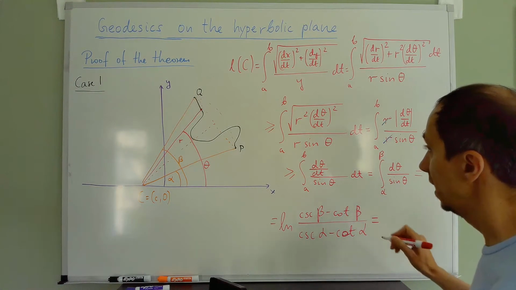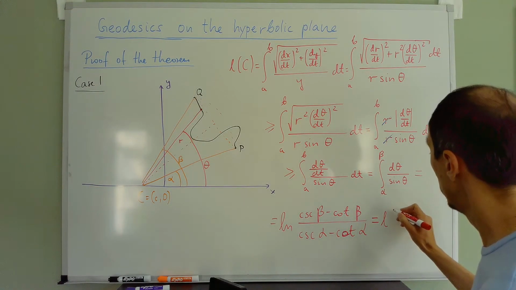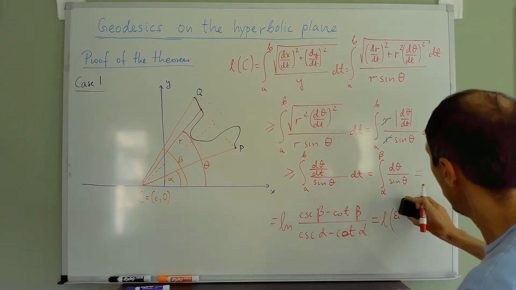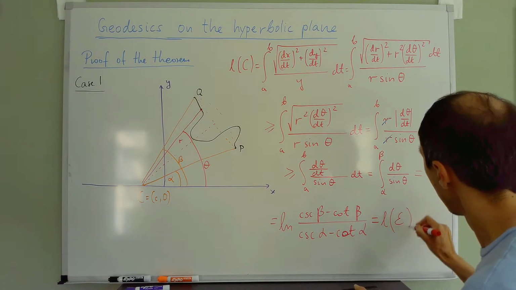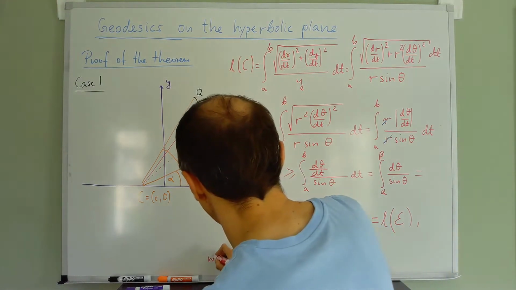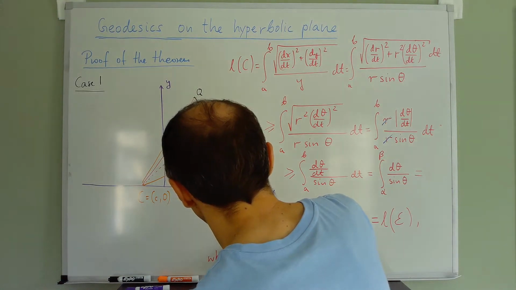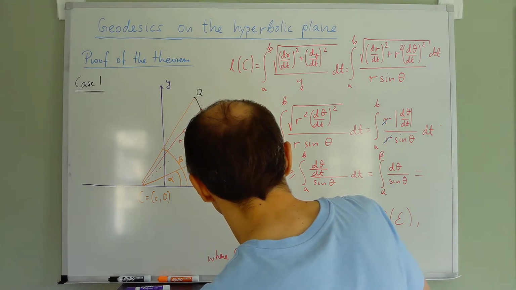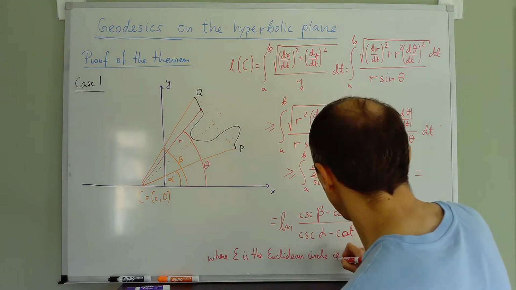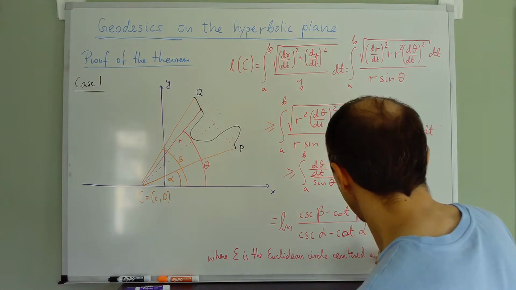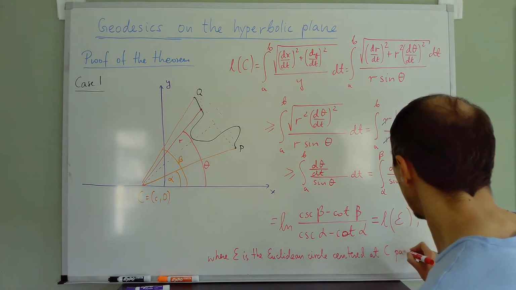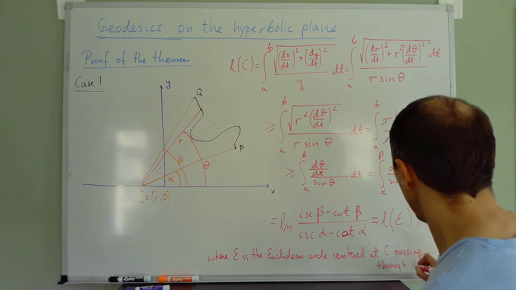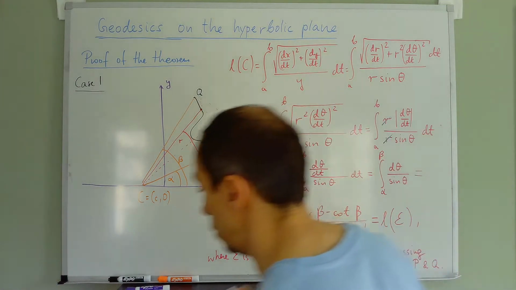And this is just the length of the circle, Euclidean, let's just say, length of E, where E is the Euclidean circle centered at C, passing through P and Q.